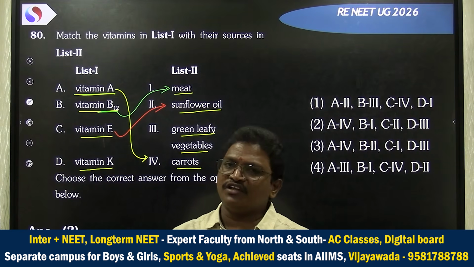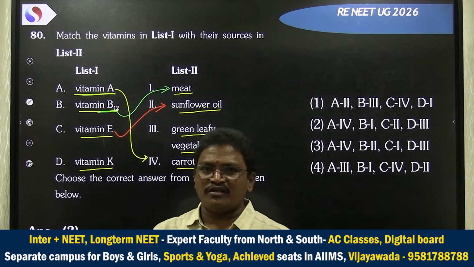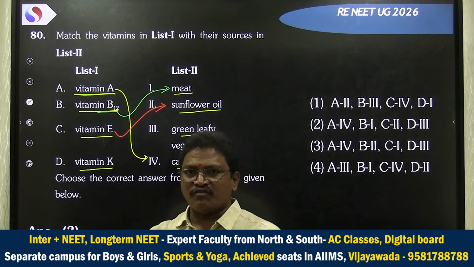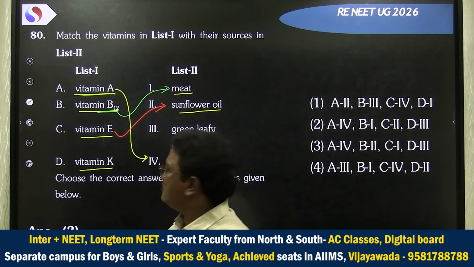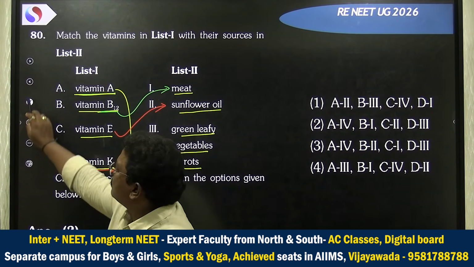ఎక్కువగా oils లో vitamin E content ఎక్కువ ఉంటుంది. మనం ఇంట్లో యూస్ చేసే vegetable oils లో కూడా చెక్ చేయొచ్చు, ఎక్కువగా vitamin E content ని అక్కడ మెన్షన్ చేస్తారు. సిమిలర్లీ లాస్ట్ vitamin K దేంట్లో ఉంటుంది?